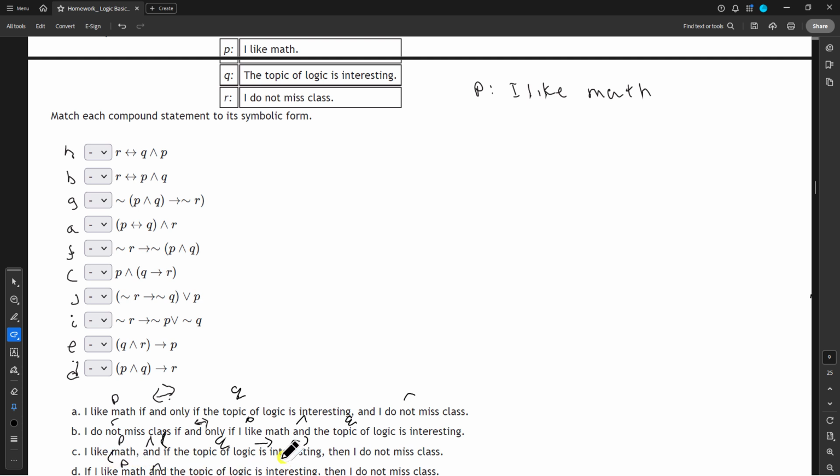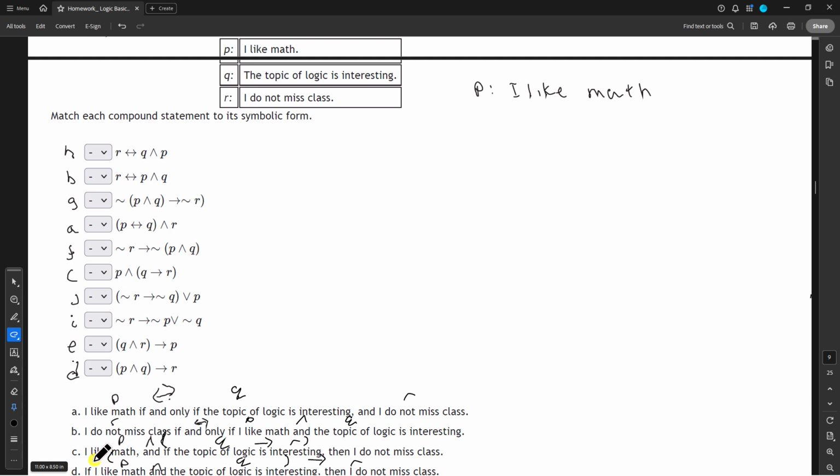If all of this is true, then I do not miss class. That would be R there. So P and the topic is interesting, P and Q. So you have P and Q implies R. So we're looking for that one there. P and Q implies R.